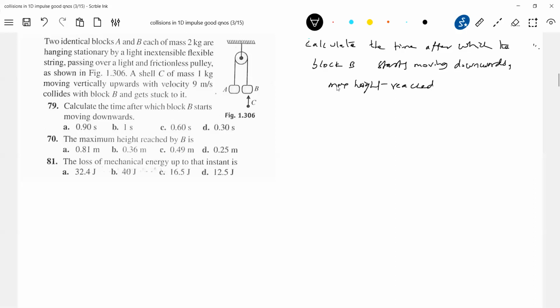Maximum height reached by block B and loss in mechanical energy up to that instant.